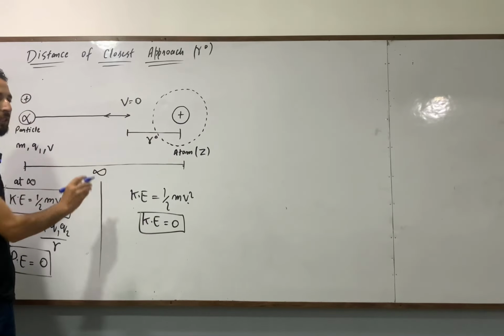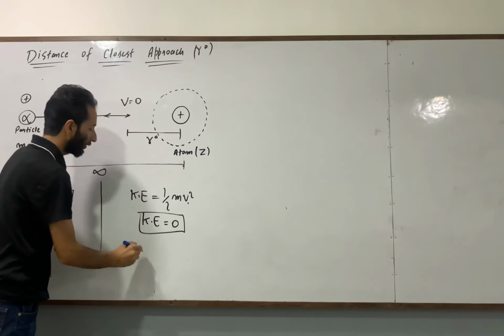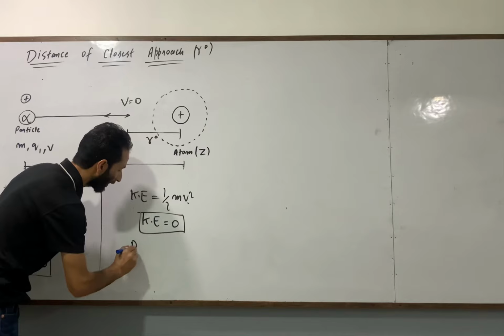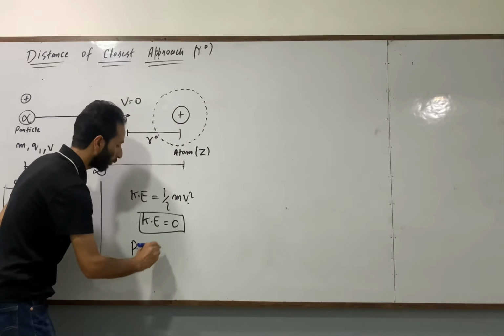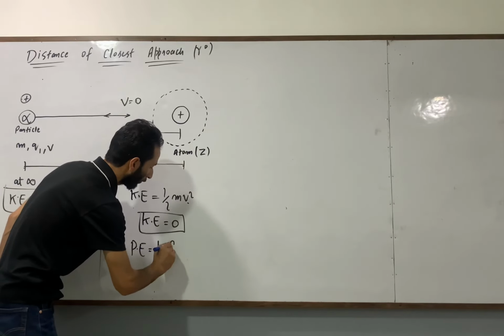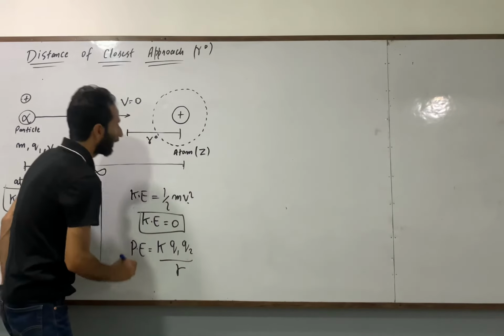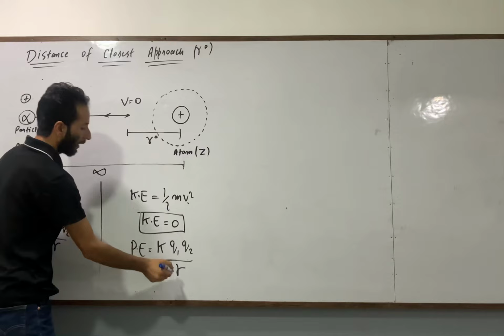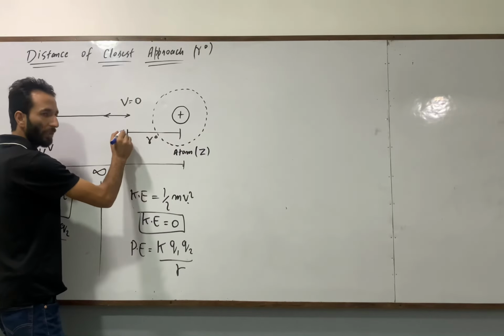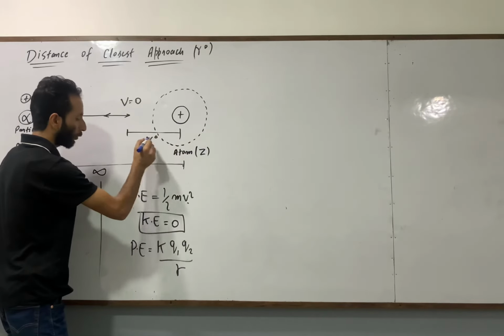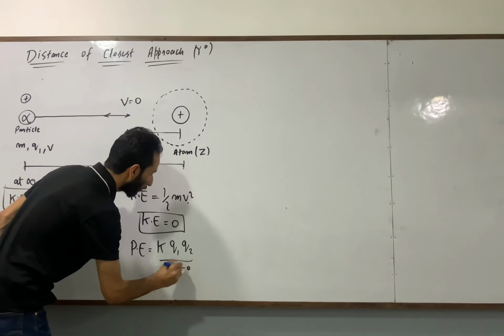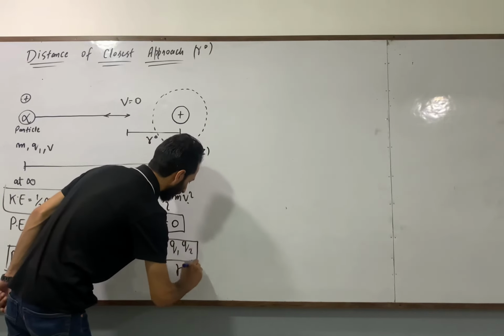Also, we can find the potential energy at the distance r naught from the nucleus. The potential energy will be equal to k q1 q2 divided by r. Here the distance between the nucleus and the alpha particle is r naught, so we use r naught in this potential energy.